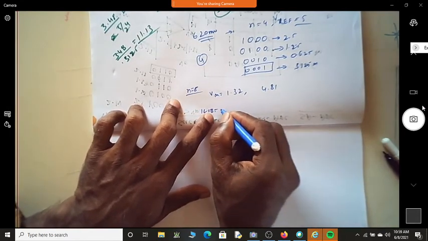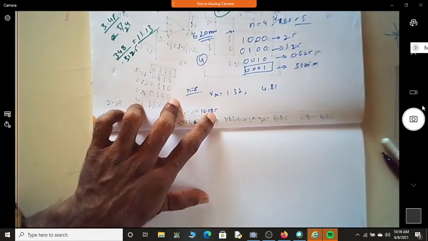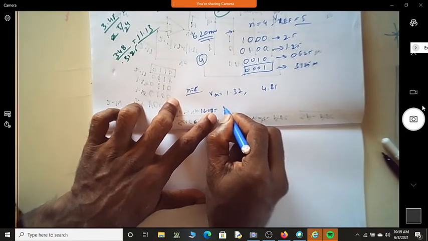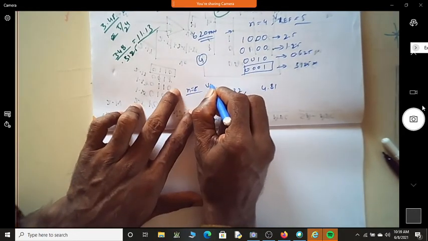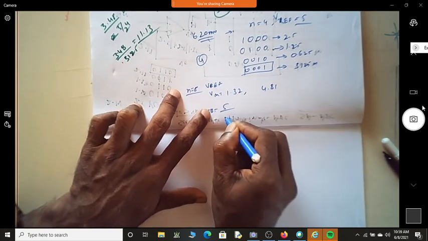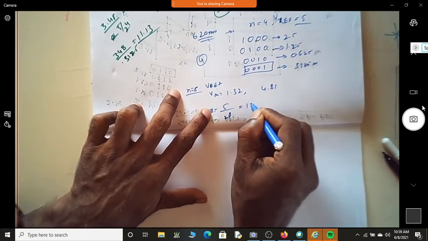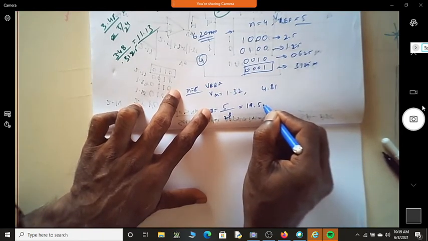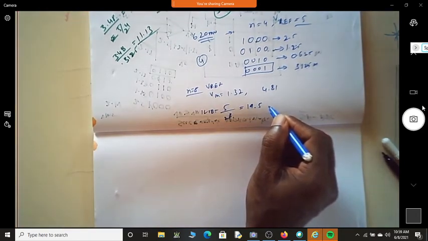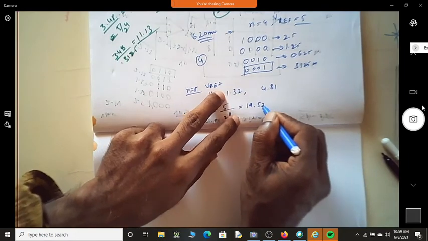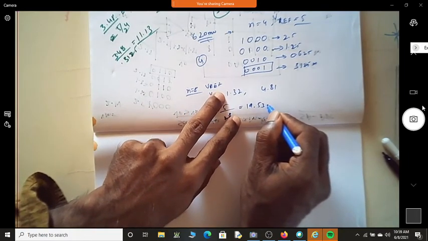How much is 1 LSB? It is 5 by 2 power 8, 19.5 millivolt. Exactly, or can you give me one more decimal? 19.53, because this 0.03 will make some difference.